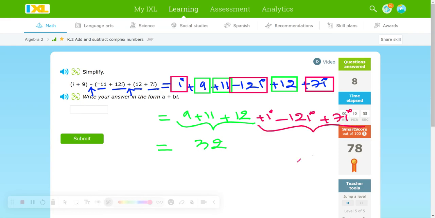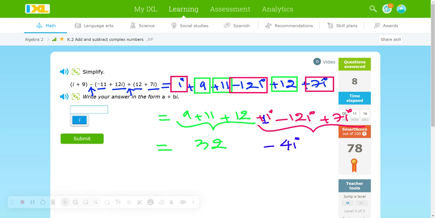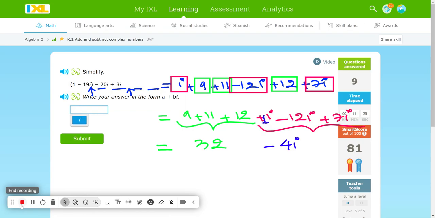Combine them together. i means one i. One i subtract 12i becomes subtract 11i. Subtract 11i with 7i is subtract 4i. So now I got the answer: 32 subtract 4i. Voila. Is that awesome? Thank you so much.